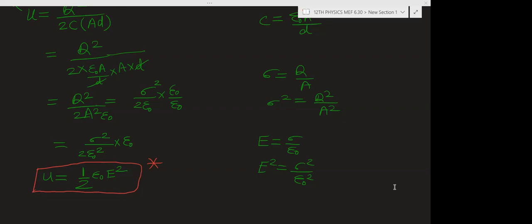Now we will calculate the force between the plates.